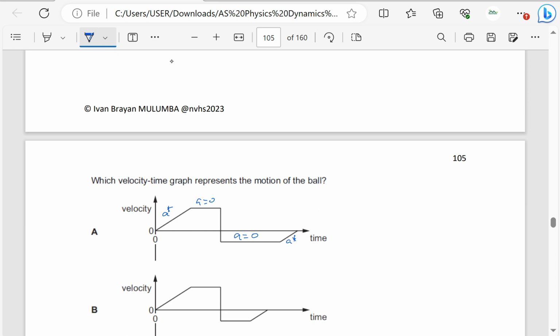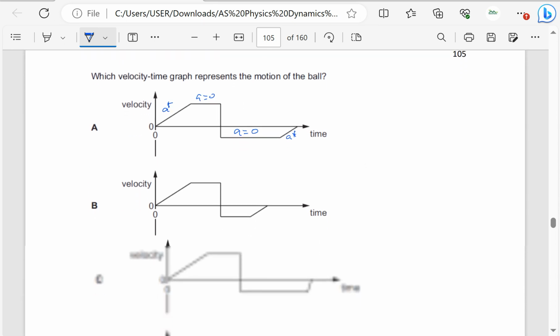Okay, so let's check. I think the answer is automatically going to be A, because this part here shows constant acceleration, zero acceleration on the horizontal part.